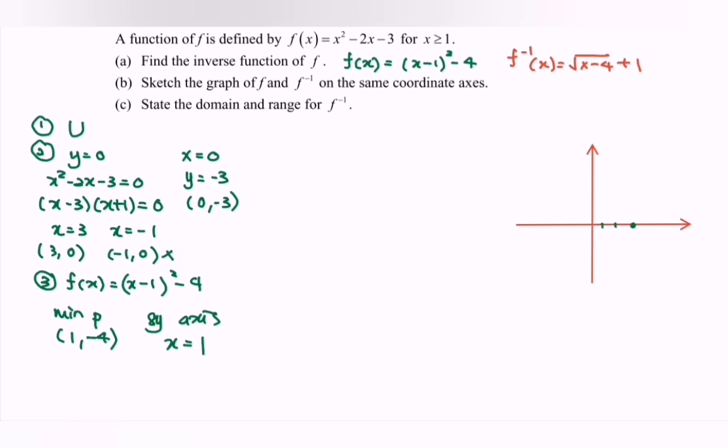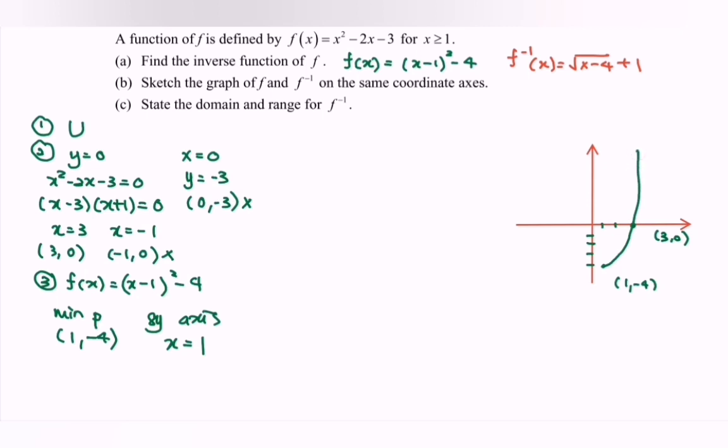Continue. (0, -3) is also not included because x must be greater than or equal to 1. Then we have the minimum point (1, -4), around here. Then here we have (3, 0). So the graph will be something like this.